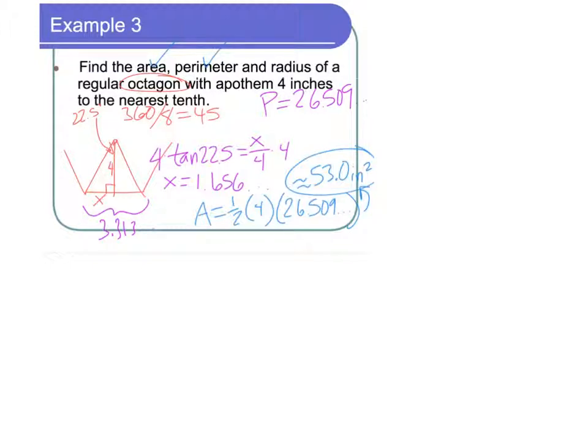Let's see here. My radius is going to be, well, I could use some trig, right? Let's call it R. That makes sense. I know my angle is 22.5, so my adjacent is 4, my hypotenuse, cosine.